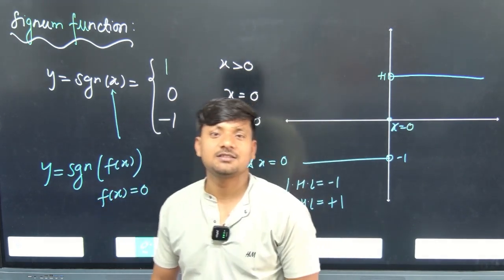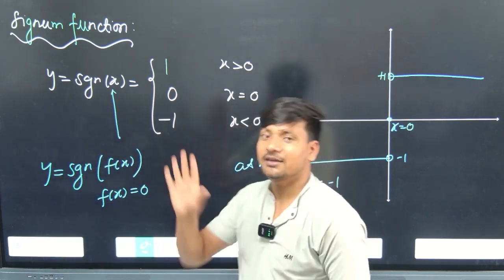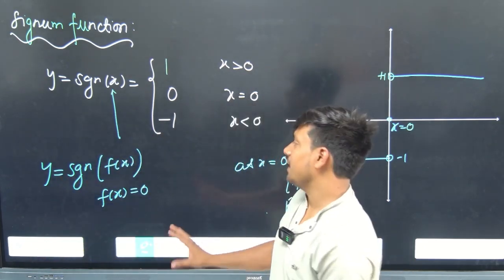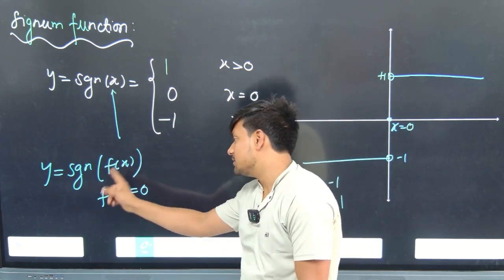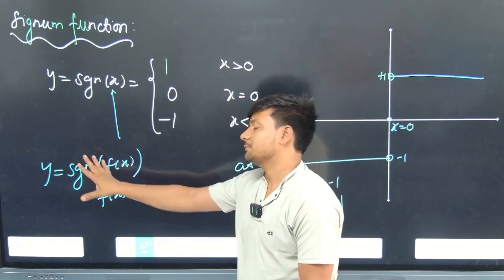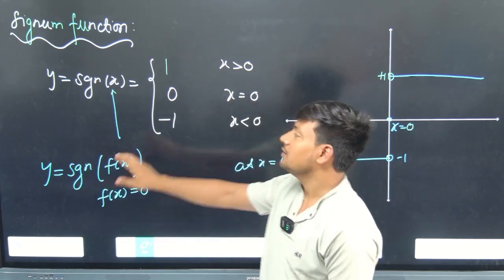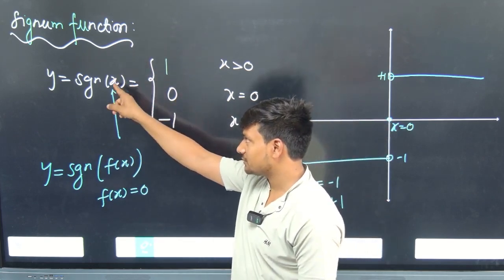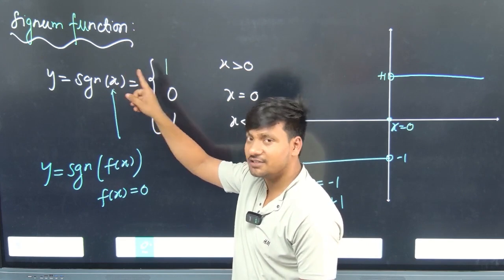Whenever this fx is 0, this function will be discontinuous. Be very sure that whenever this input is 0, then this function will be discontinuous, because we already discussed that at x equal to 0, when this input is 0, the function is discontinuous.